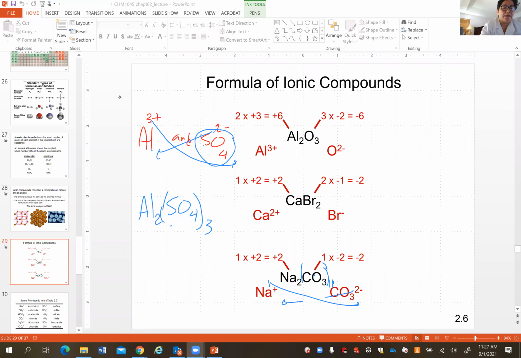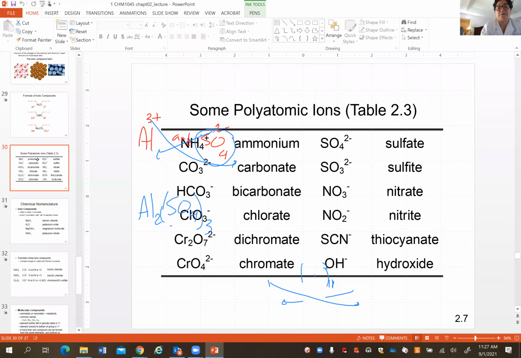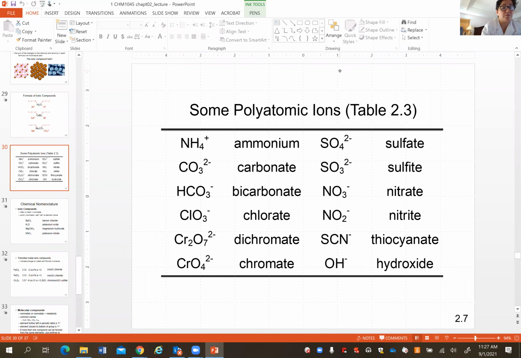Okay, and you're going to memorize these, as I said last class. It was just elaboration on how to write the formula. Now to memorize them, just at least this table, okay?